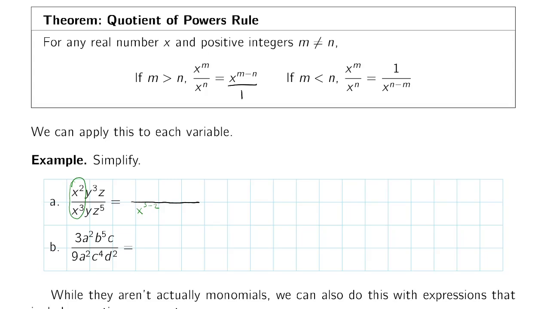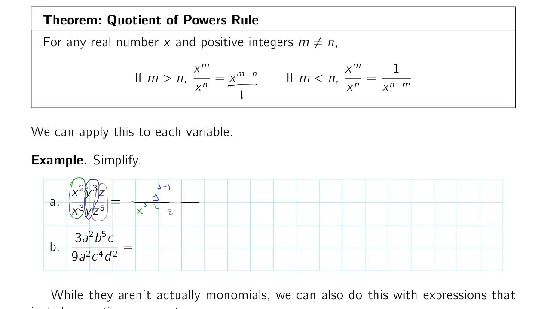For my y's, the greater power is in the numerator. So I'll have y to the power 3 minus 1 in my numerator. And then for my z's, the greater power is in the denominator.